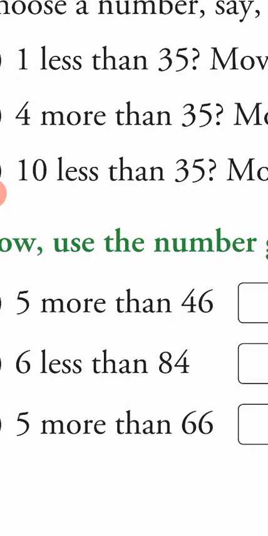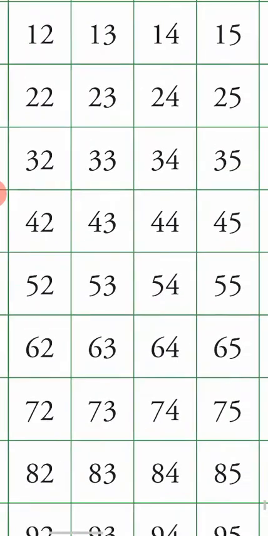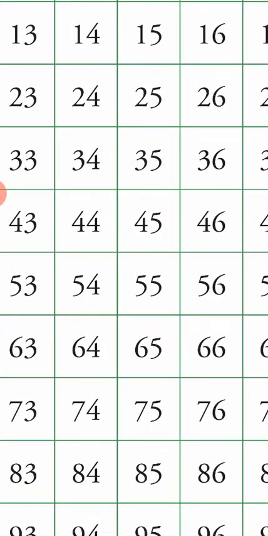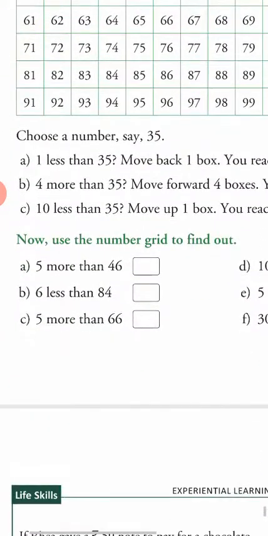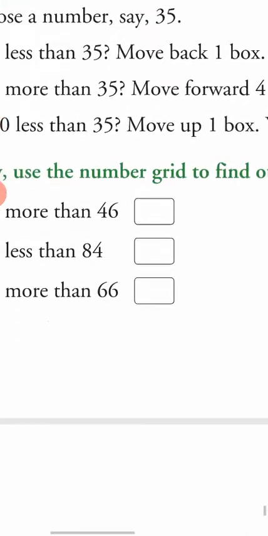So if here you have 35 and you subtract 1 from the digit that is at the tens place, you will get the answer, and that is 25. And this you can see here also. If you are to just subtract 10, the rule we have learnt, you are to move up. So on the upper side you can see 25. So above 35 there is 25. So here your answer is 25.